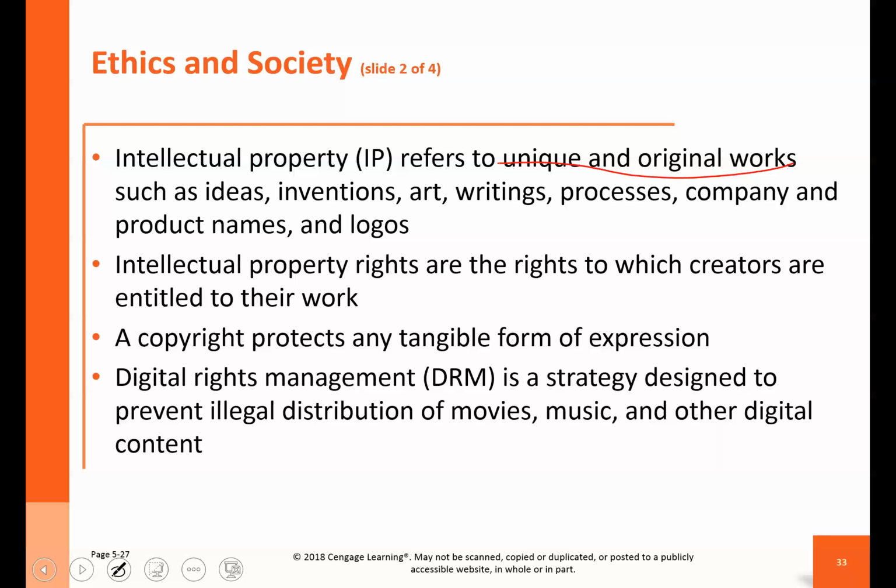Copyright protects tangible expression, and as we see more and more people producing very good innovative pieces of information, collections of information, or performances on the network or internet, digital rights management becomes a very popular strategy designed to prevent illegal distribution of that, which is particularly severe in Asia.